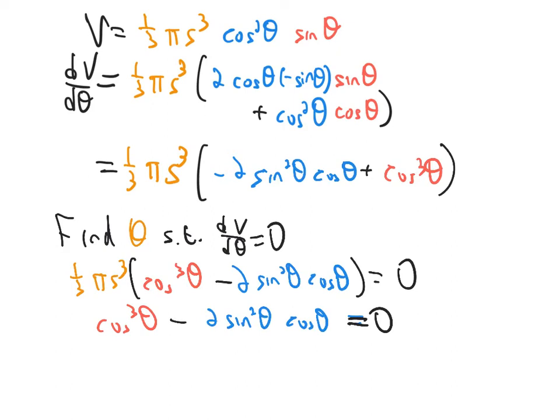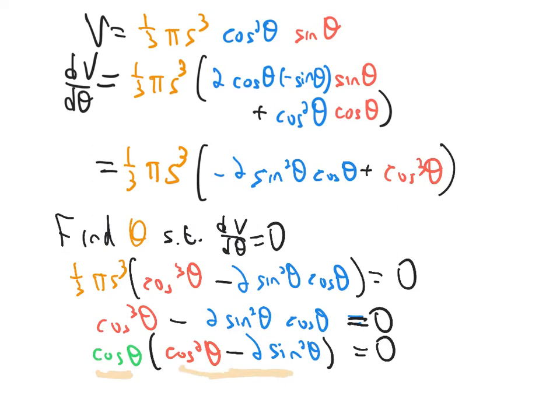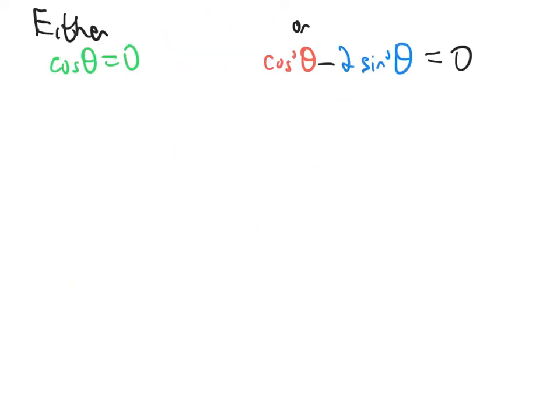And then we'll do, as we often do these kind of tricks, we will pull out one cosine theta, since it's in both terms, and that will leave us with cosine squared theta minus 2 sine squared theta. And of course that still equals 0. The reason for doing this is that we can now use the factor property and say that if two things multiply to 0, then one or the other is 0. So we know that either this is 0 or this is 0. So we just tackle those separately.